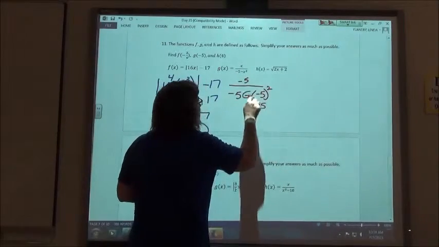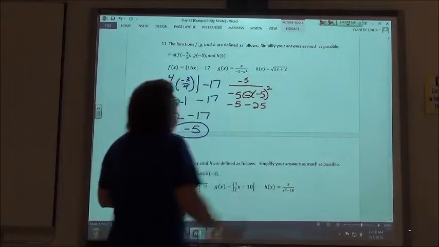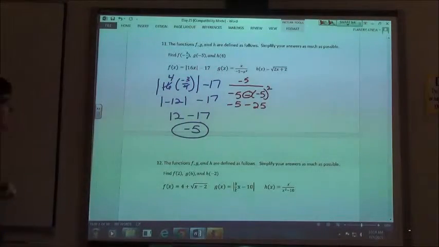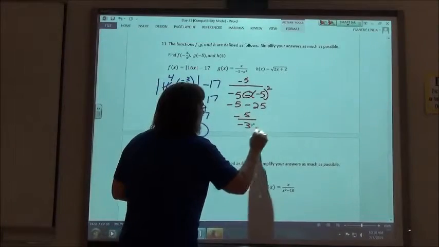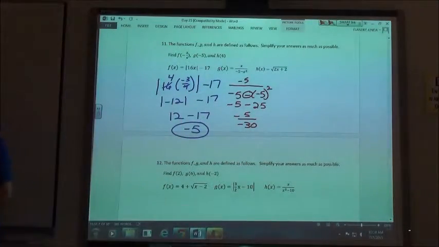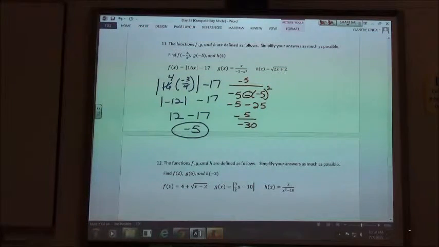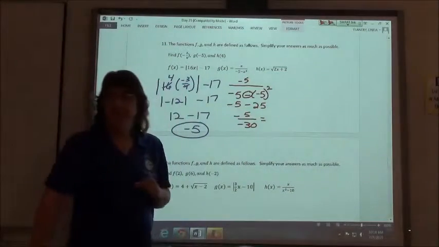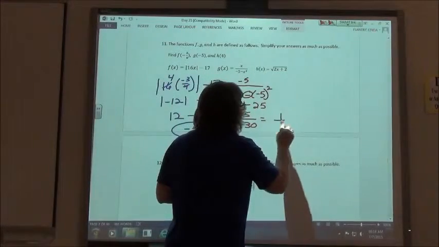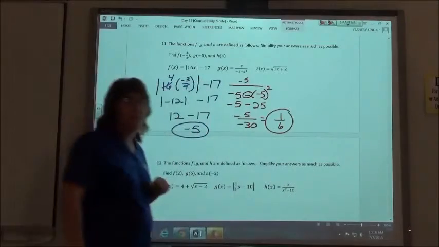It has the minus sign in front, so now I have negative 5 minus 25 on the bottom. So I get negative 5 over negative 30. And then if I reduce that fraction down, I would get 1/6. Negative over a negative makes it a positive.